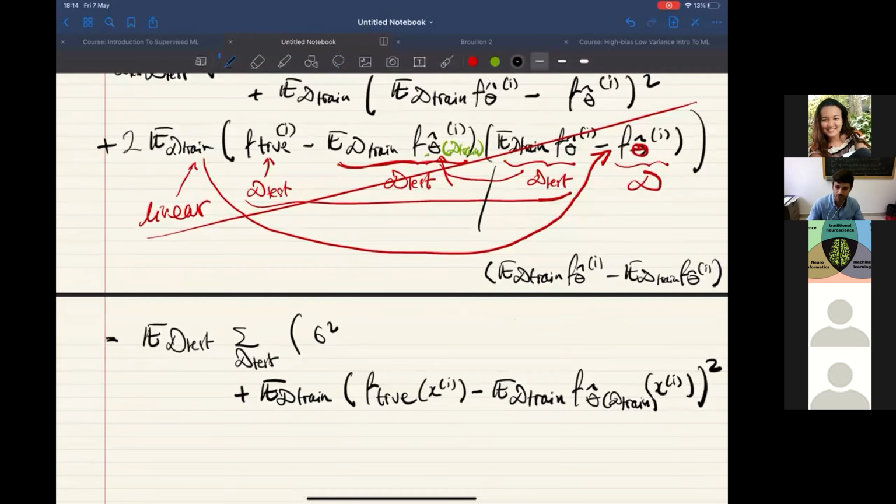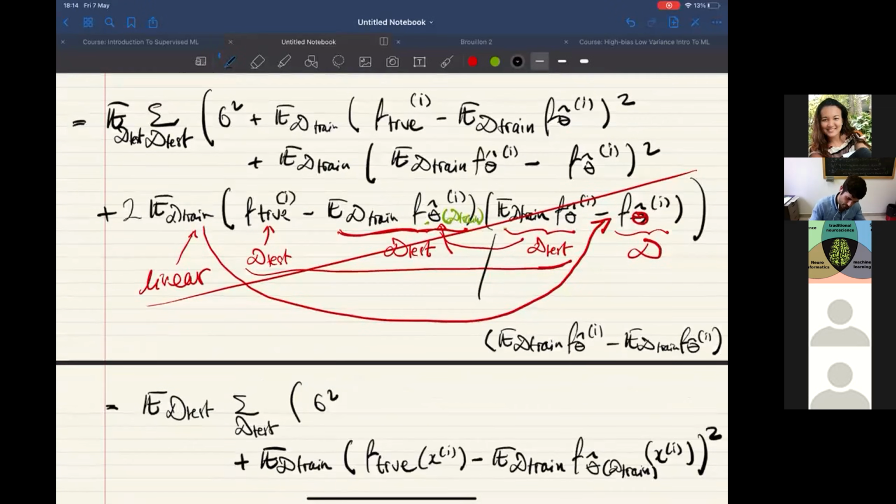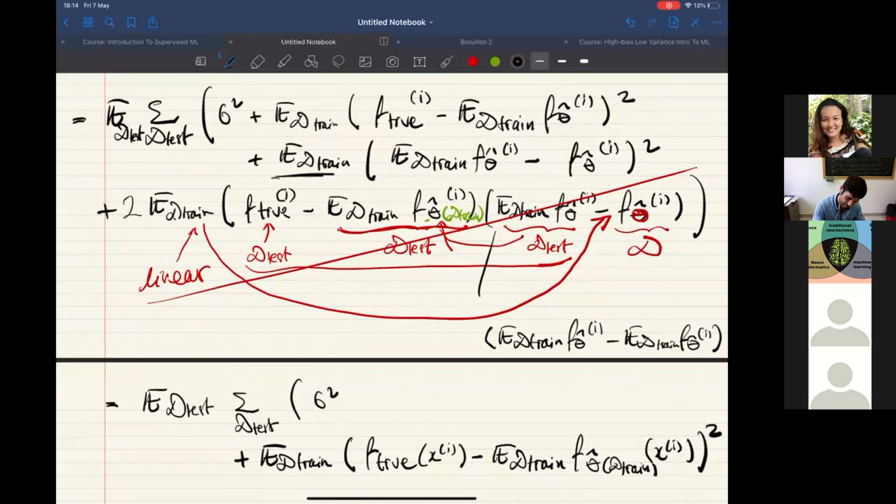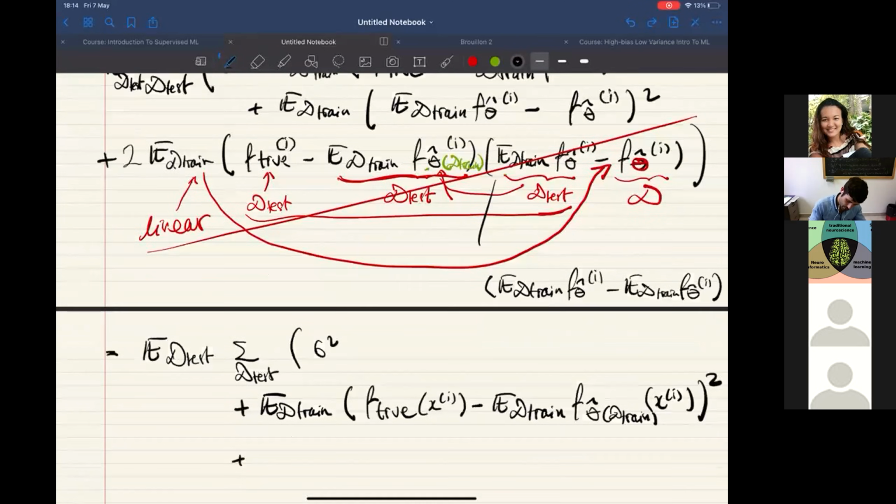I have an expectation of a square, and I have the expectation of another square, this one, which is the expectation over the training data.